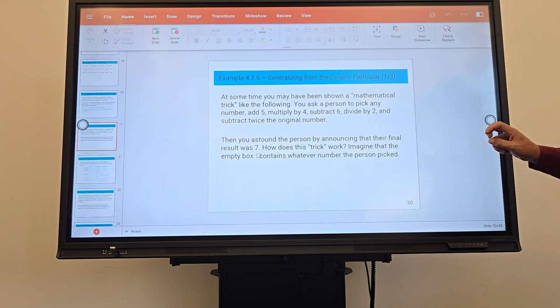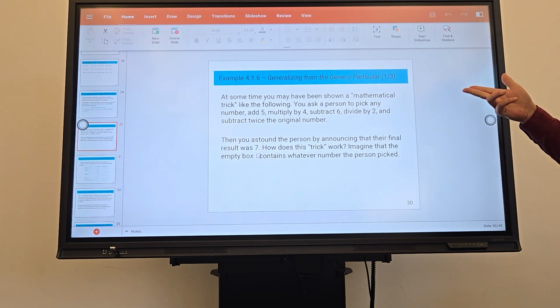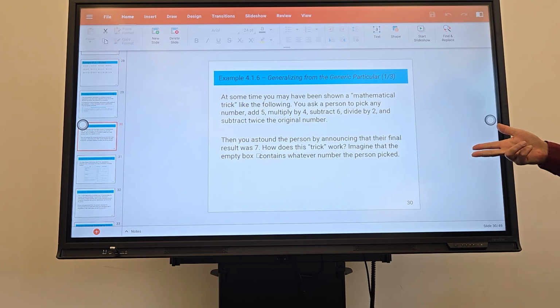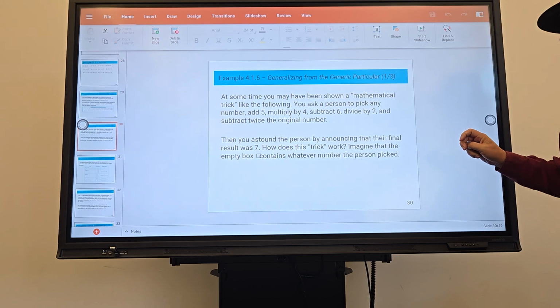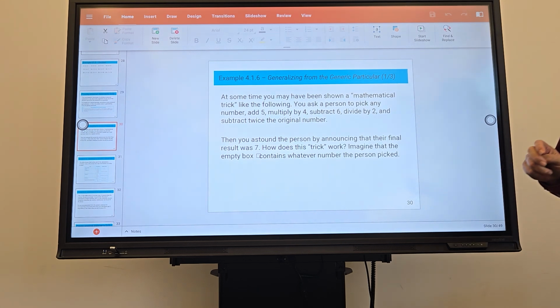So, for example, you have the mathematical trick where you ask a person to pick any number, add 5, multiply by 4, subtract 6, divide by 2, and subtract twice the original number. And the result is always going to be 7, regardless of what number is picked.